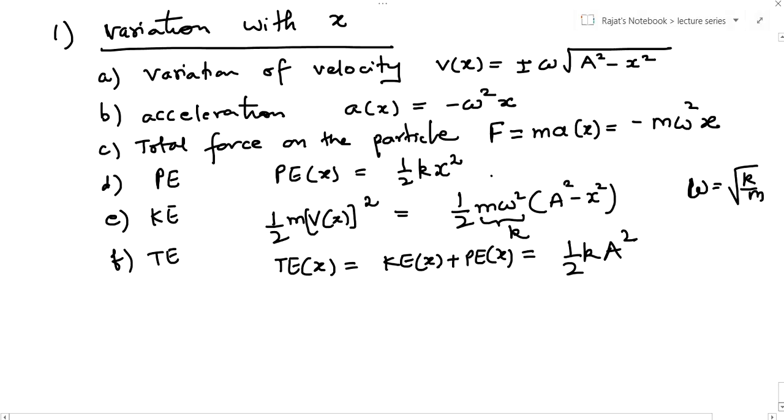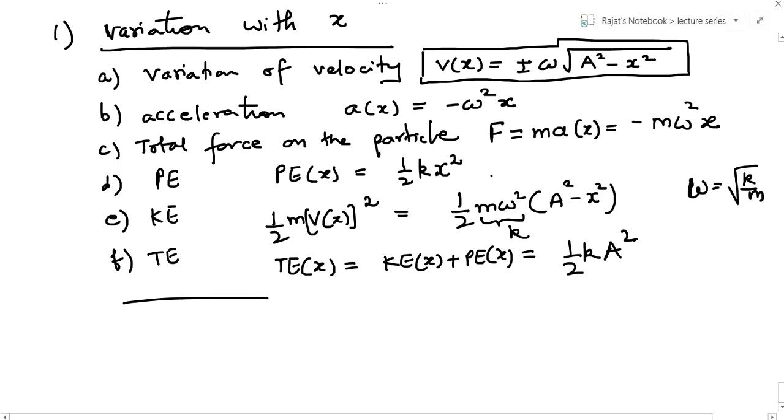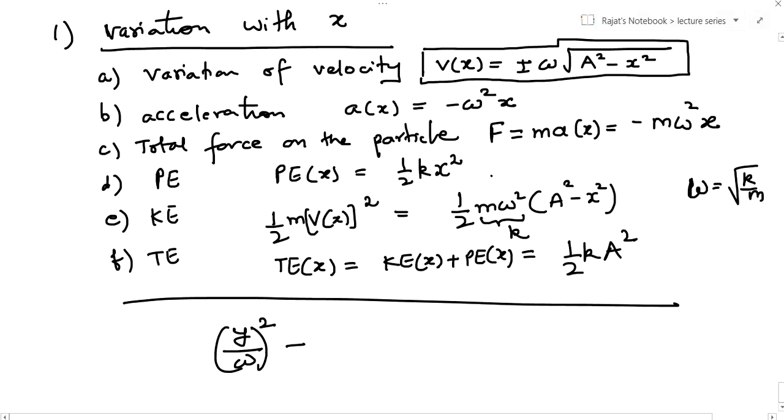Okay, so we have all the expressions with us. Now let us try to draw. First is the variation of velocity. What kind of locus is this graph representing? If I say that v of x is y, then y by omega, whole square, plus x square is nothing but a square.